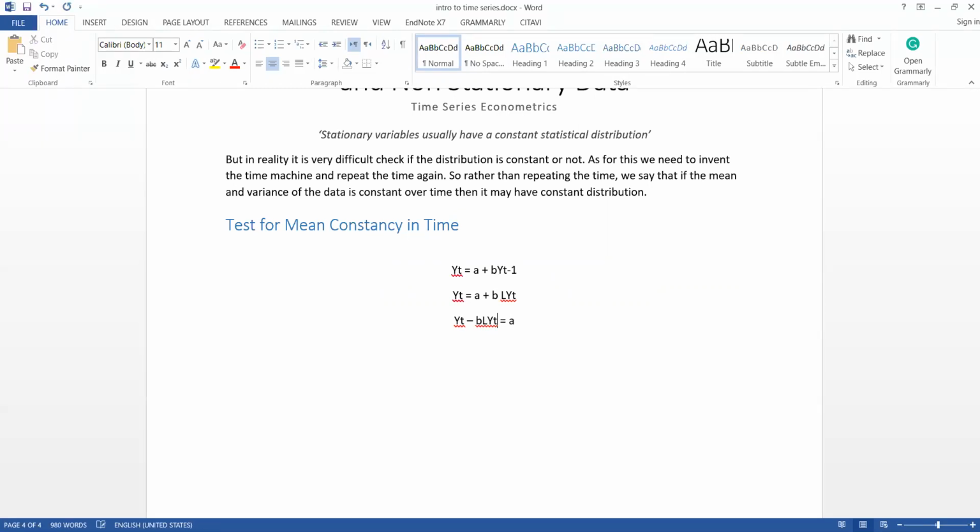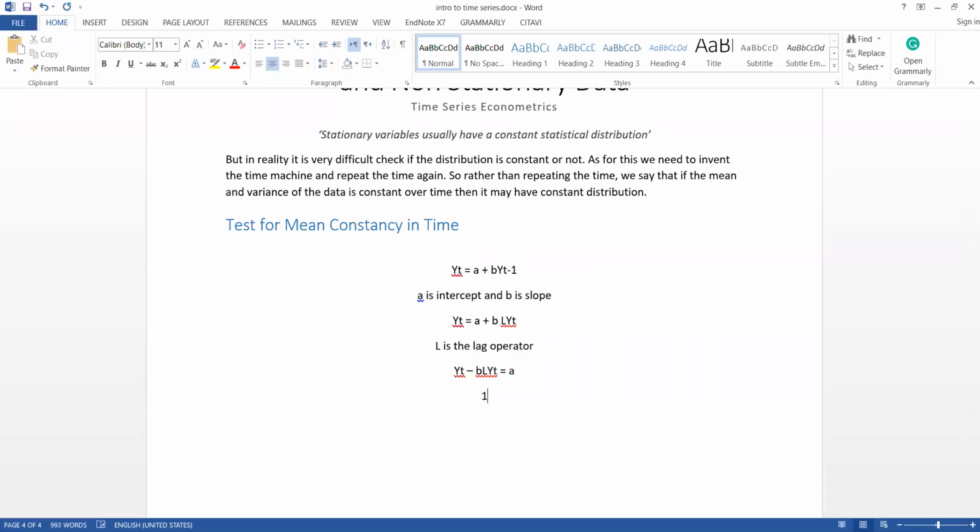So a is an intercept and b is a slope, and here L is the lag operator.